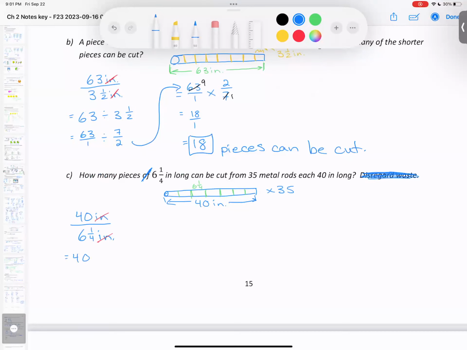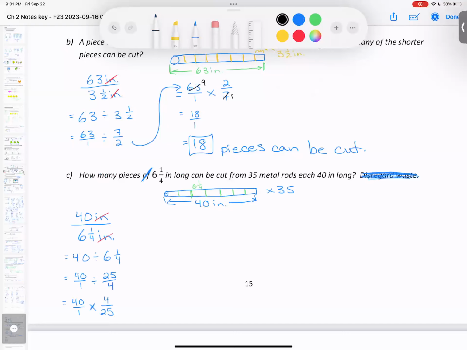So this is 40 divided by 6.25, which is 40 over 1 divided by 4 times 6 gives us 24, plus 1 is 25. So 25 over 4 as the improper fraction. And so let's flip and multiply that second fraction. So multiplied by 4 over 25.